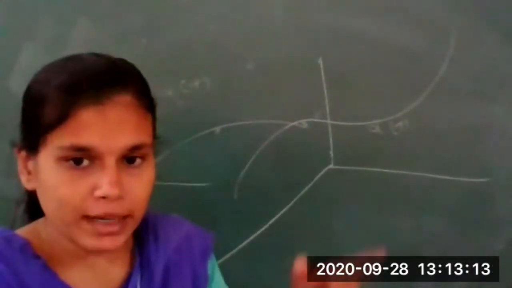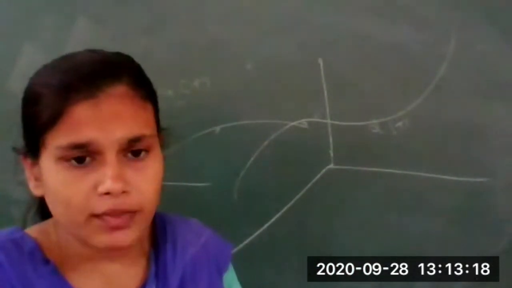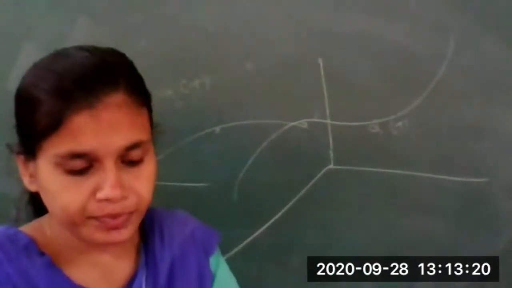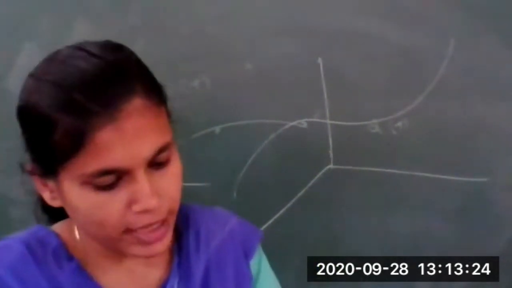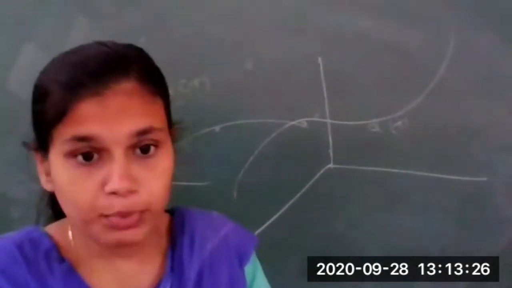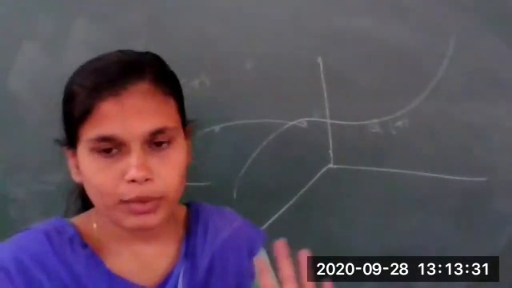So the path followed by that person will be nothing but a curve alpha of t. Okay, so what is alpha of t? It is nothing but the path followed by an object. So we can picture this as the path of a moving point object.